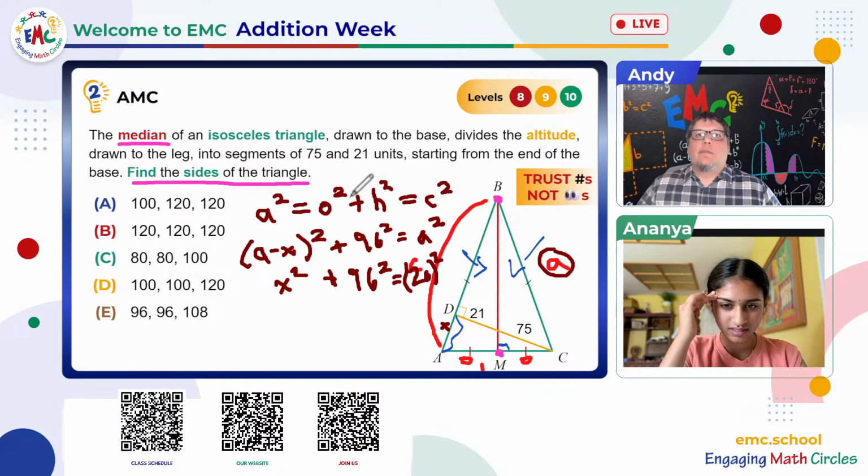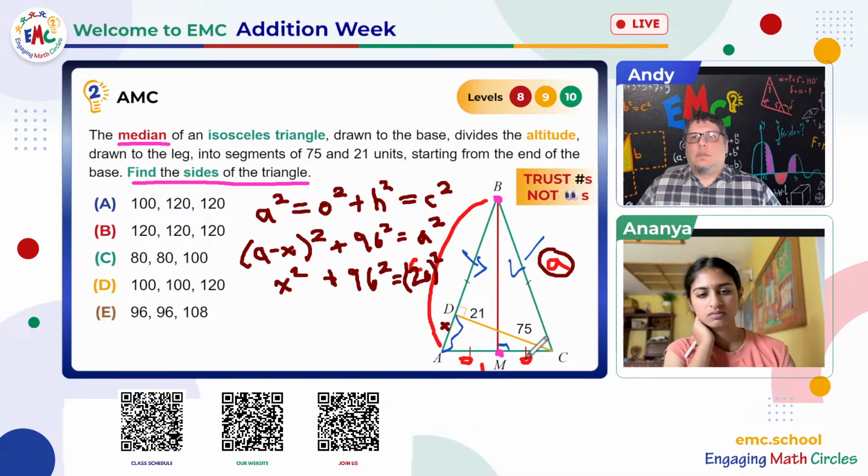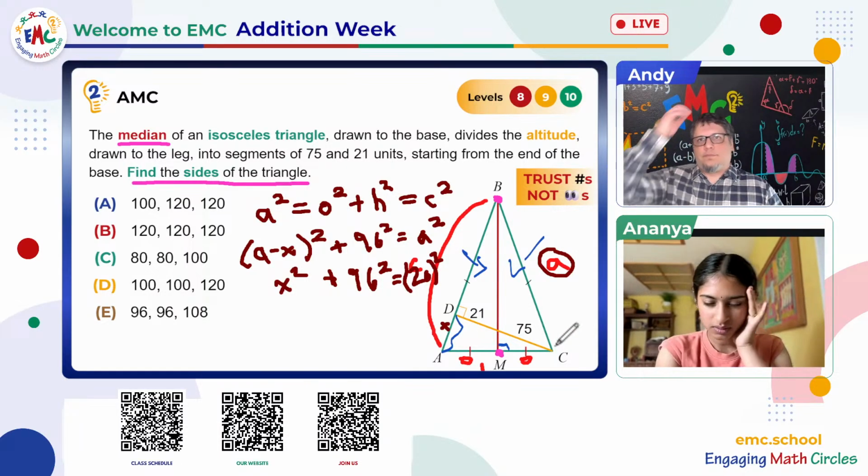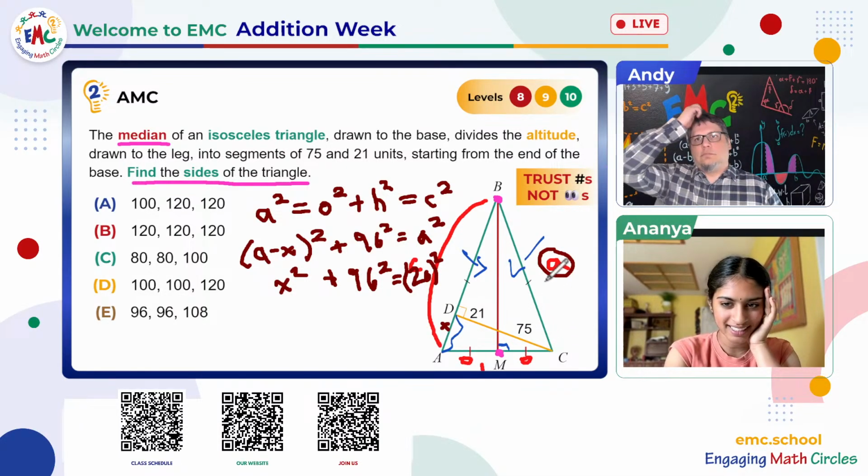So I've got an equation with a and x and a and x. Is there a way to get this a to be x?